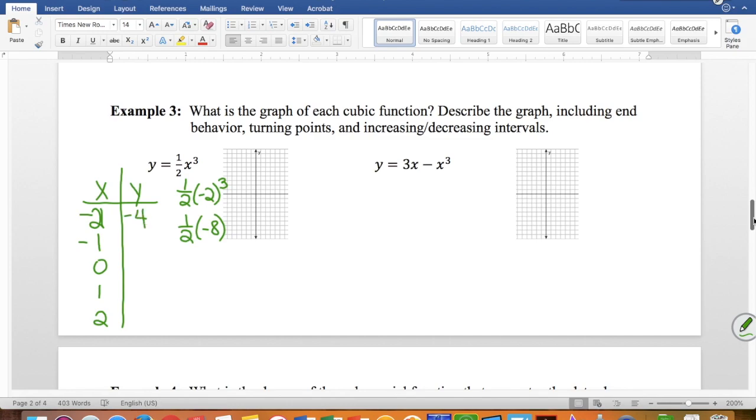Okay? -1 cubed is just -1, and 1/2 of -1 is -1/2. Put 0 in, I get 0. 1/2 of 0 is 0. 1 cubed is 1, and then half of 1 is 1/2. And then 2 cubed is 8, and half of 8 is +4. So there's my table.